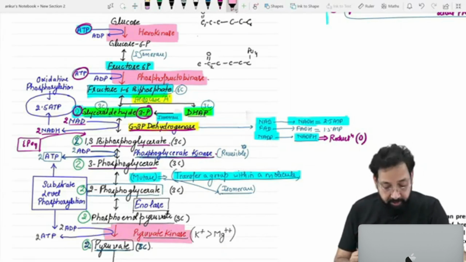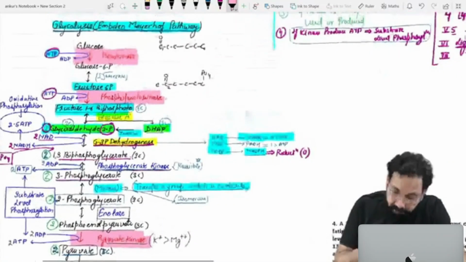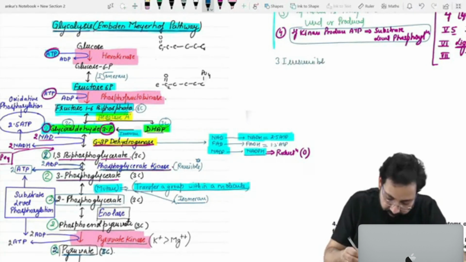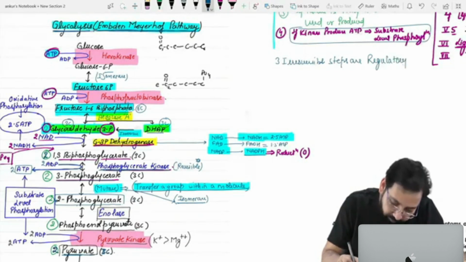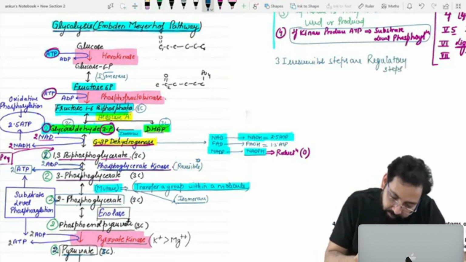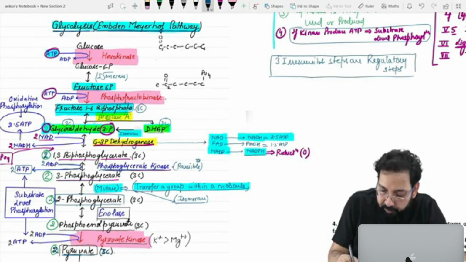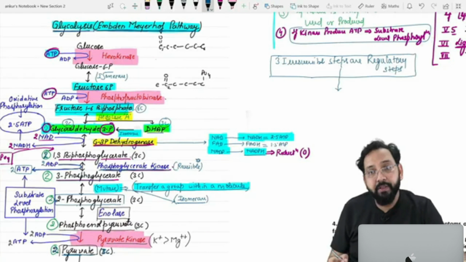These 3 irreversible steps are called regulatory steps.